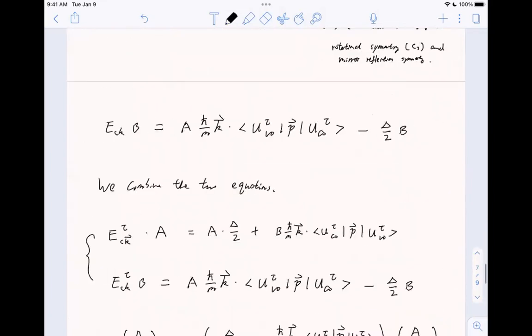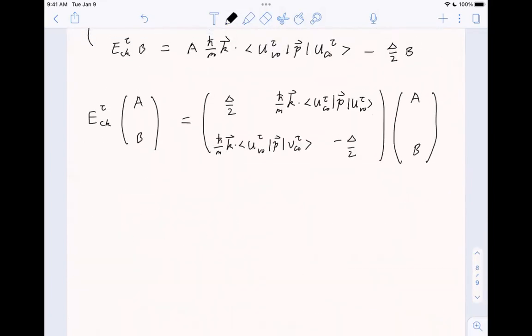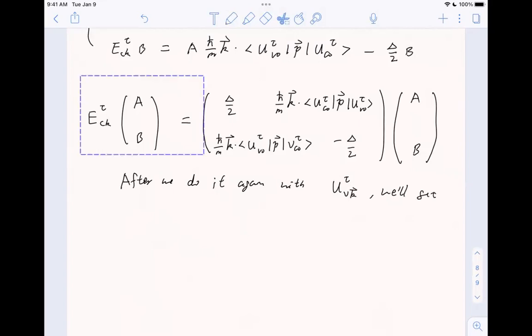So after we do it again with the U tau VK, we have done C, right? We'll get the same thing.